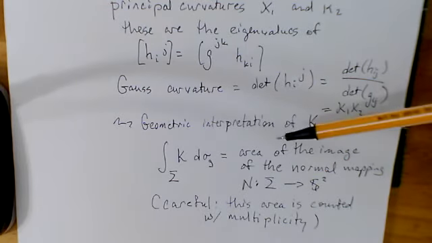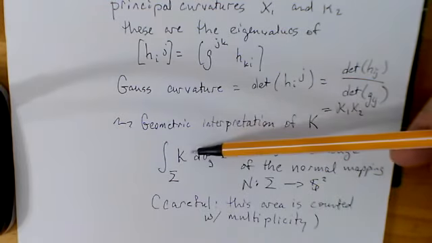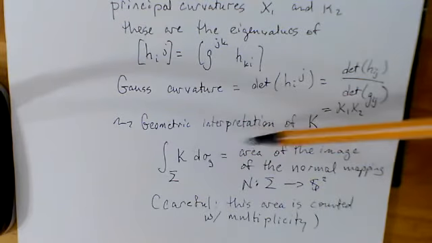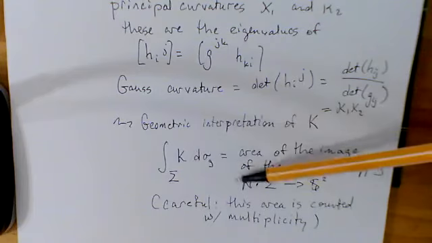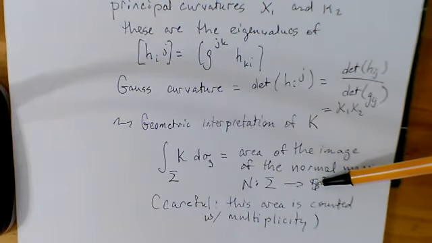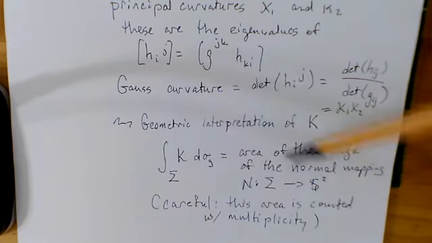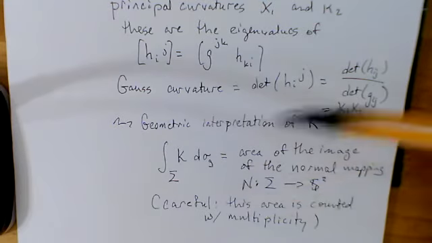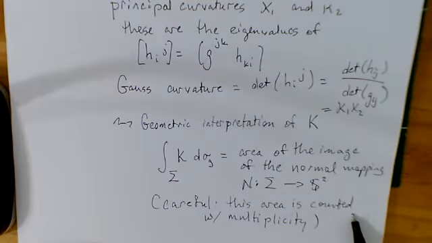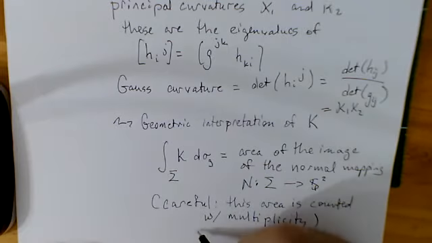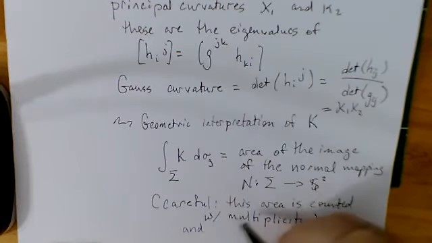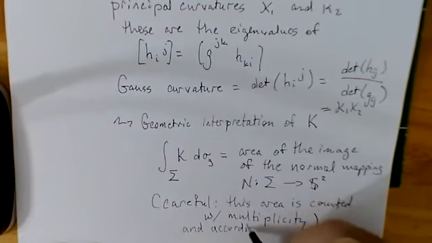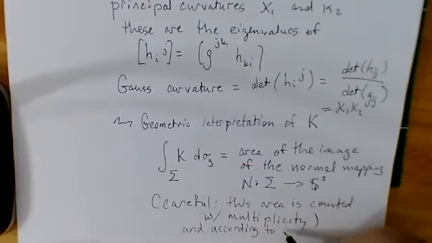The other thing I have to take into account is that sometimes the Gauss map, this normal map, will be orientation reversing, and in that case the area will count negative. So this area is counted with multiplicity and according to orientation.